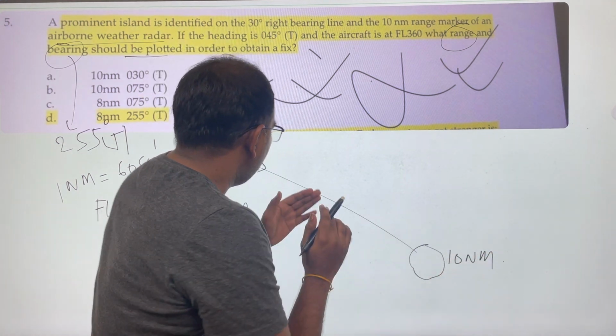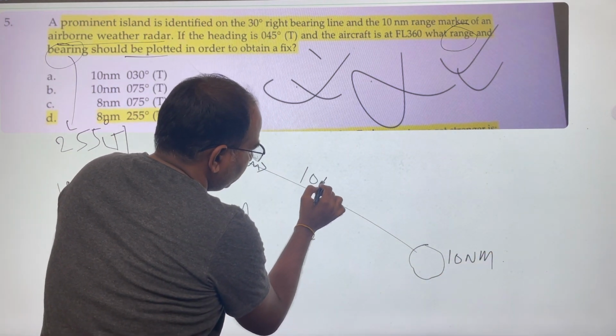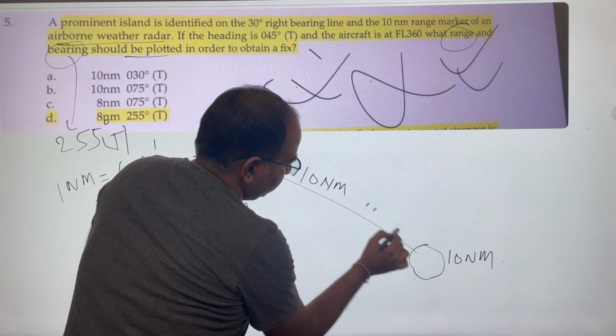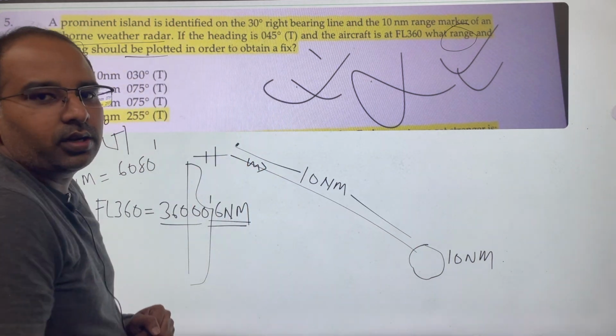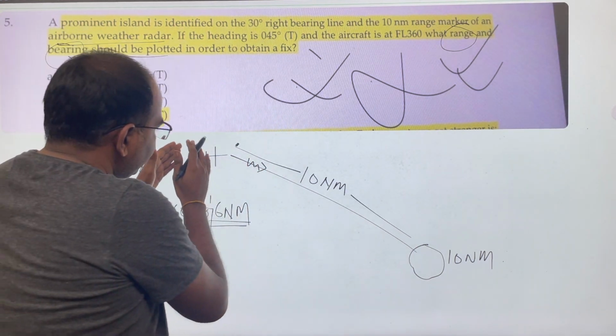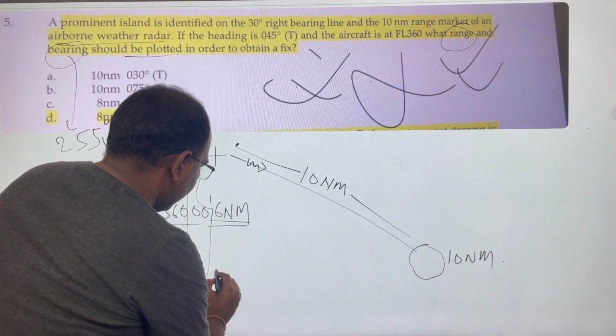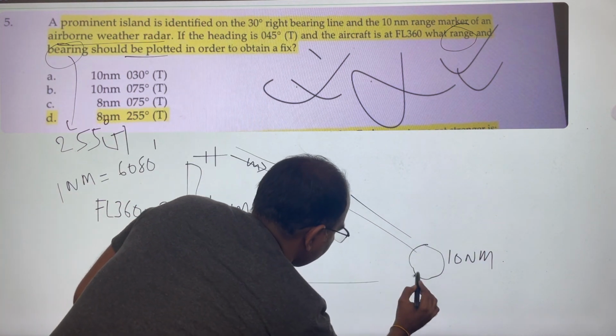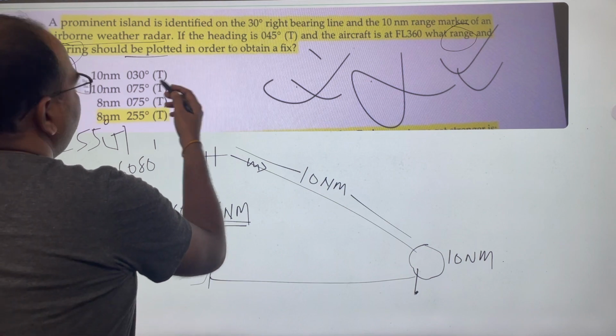So that means this distance is 10 nautical miles, correct. Now the actual distance from the aircraft to the island is the ground distance which you want, correct. That will be the actual distance, that will be the range.